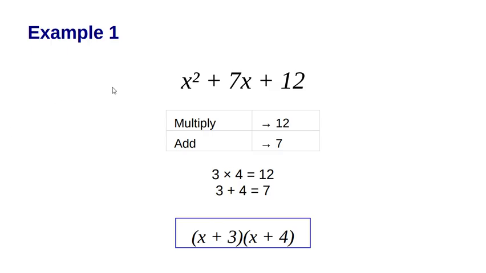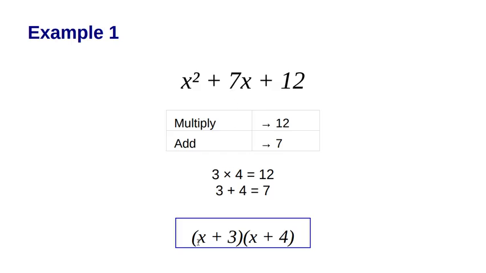Okay, here's our first example: x squared plus 7x plus 12. We need to find numbers that multiply to 12 but add to 7, and our solution would be 3 and 4, because when you multiply them, they equal 12, but when you add them, they equal 7.